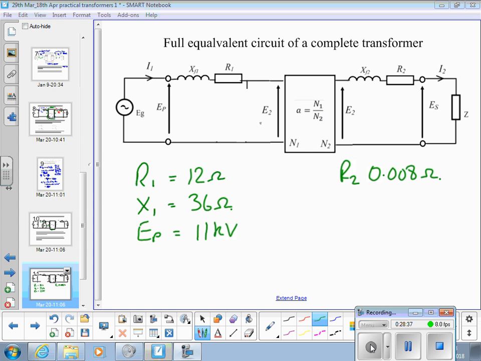Quick question for you. Based on resistance of the windings, do you reckon that's a step up or a step down transformer? If you think about copper winding, what would make the resistance less?